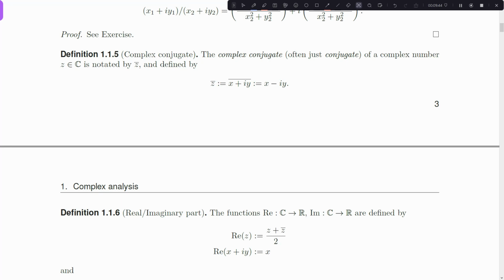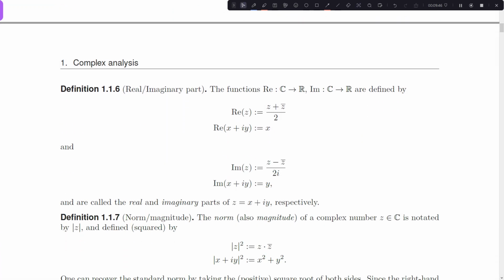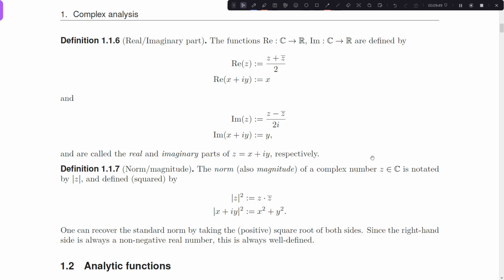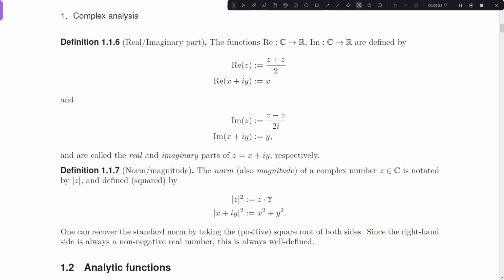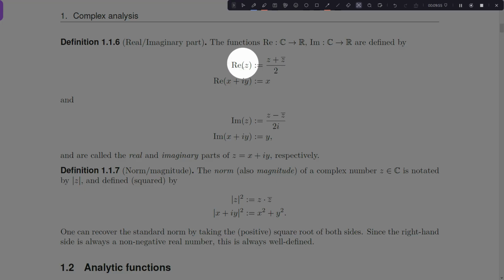Why is the conjugate useful? Well, it's useful for extracting real and imaginary parts. It's a really efficient means of saying, if I want to extract the real part of z, which would just be x if we wrote it as x plus iy, obviously you can just take the iy and get rid of it.